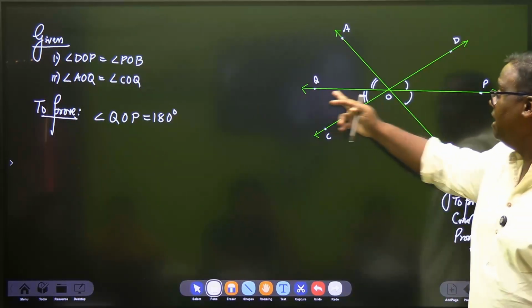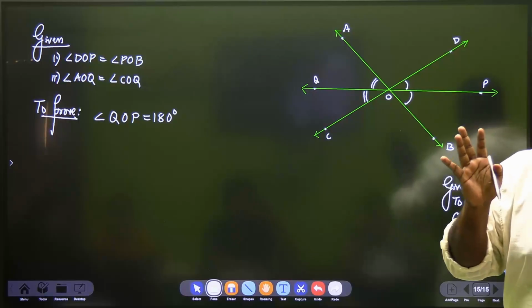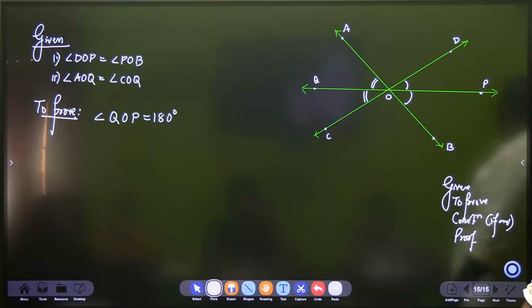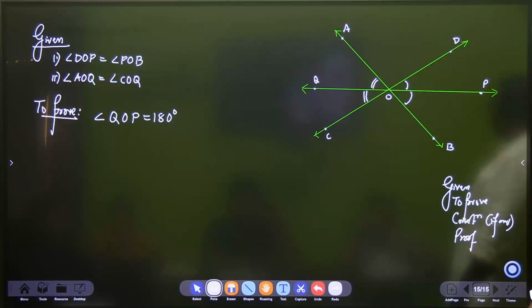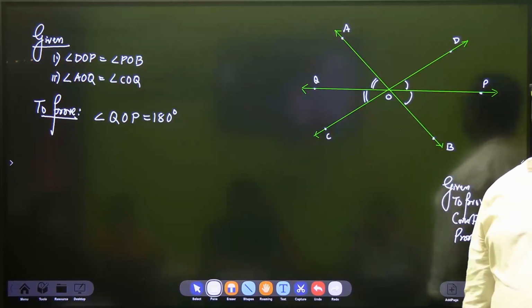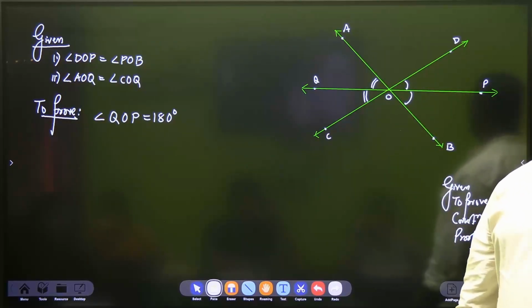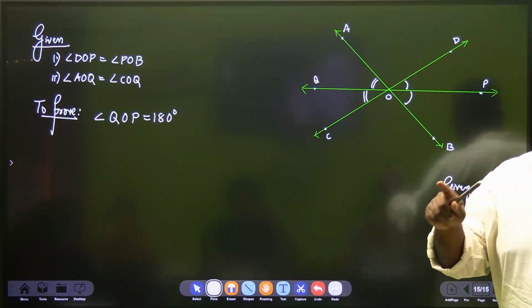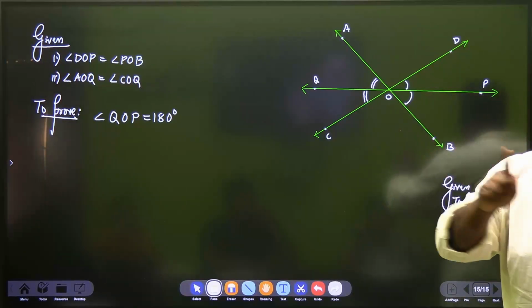This is a straight line, but you can't start with that. That is what you have to prove. What is the sum of all angles around a point? 360. So one thing we know is that all of them should add up and give 360. And then there's some equality. Equality means 2 times of something is 360. That 2 will go with 360 as 180.